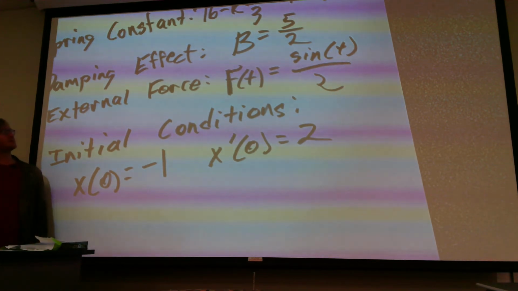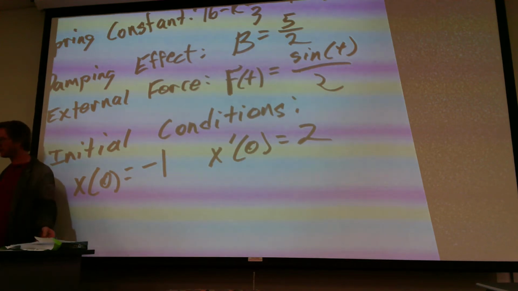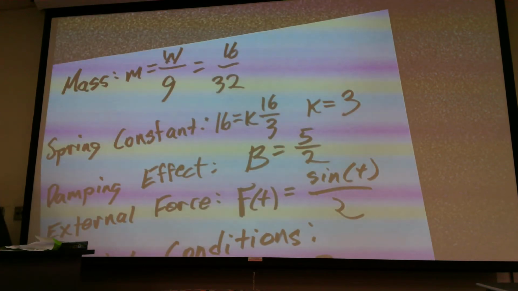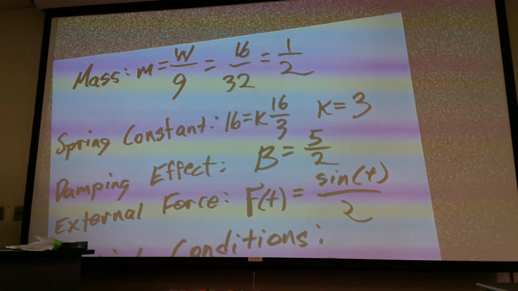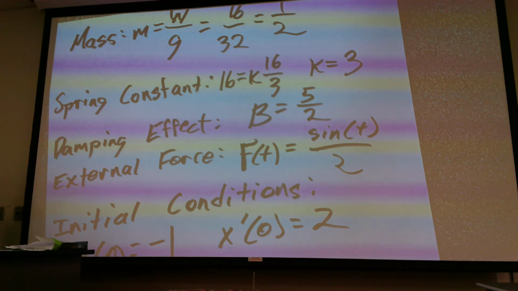All right, so let's go ahead and just set up our equation. Oh, wait a minute. 16 divided by 32 simplifies to 1/2. So from all that information right there, that's what we need to solve the problem.